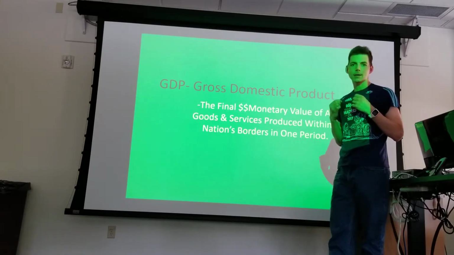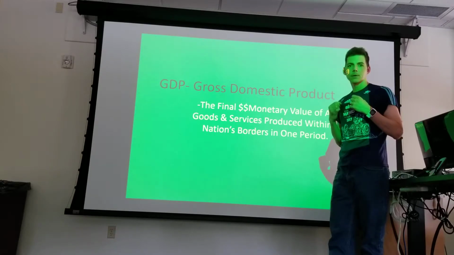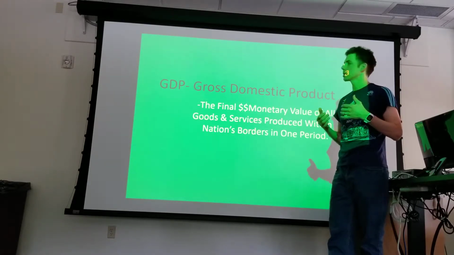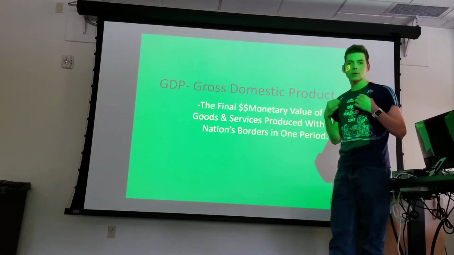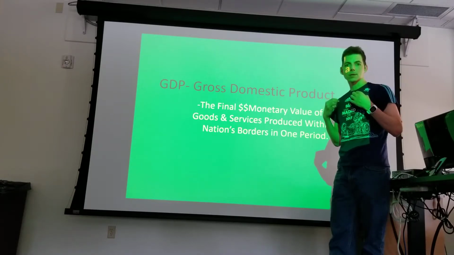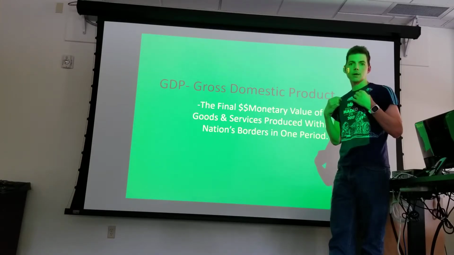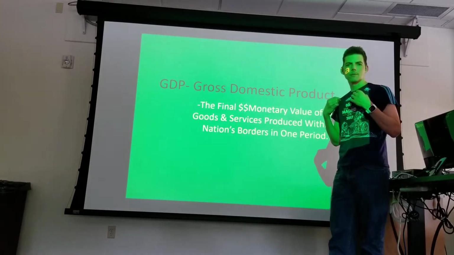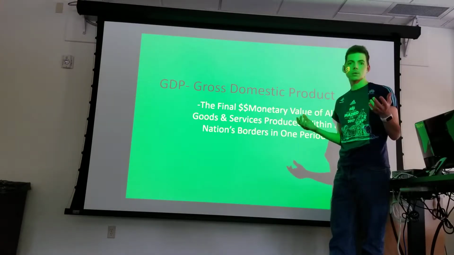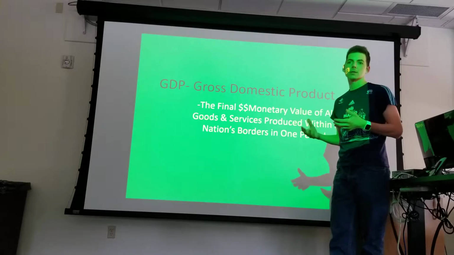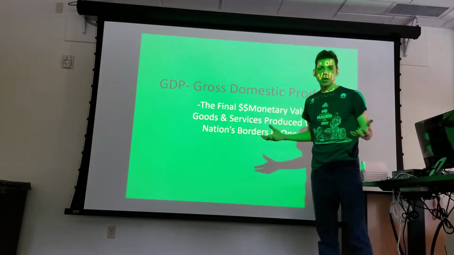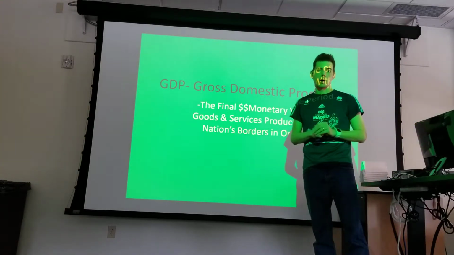So you could probably get 8 of them in China versus 1 in the US. So if I produce one of these shirts in the US, that's $40 of GDP, but if I produce 3 of them in China at $5, that's $15. So even though I produce 3 of the same shirt in China and 1 in the US, I've got a much larger GDP in the US because of the cost of the product.